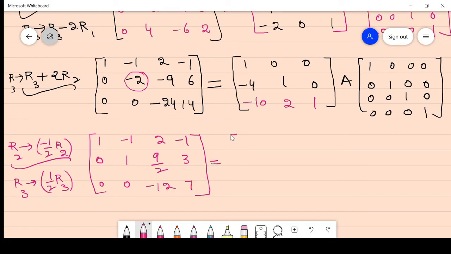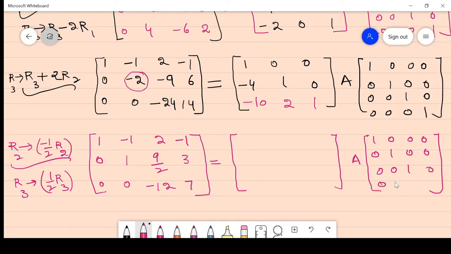Now again it affects the first matrix, the second matrix will be the same. So this is 1 0 0 0 0 1 0 0 0 0 1 0 0 0 0 1. Now it affects this.